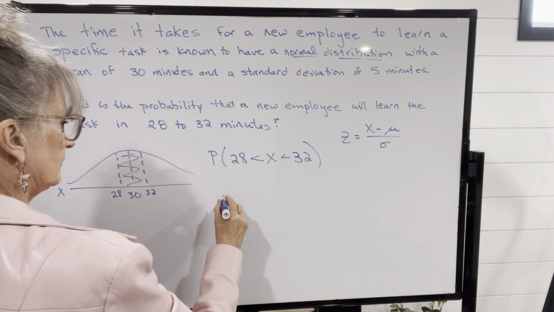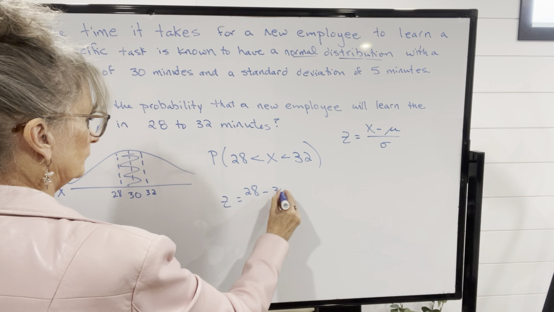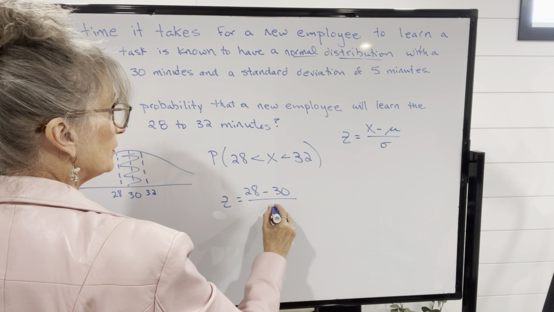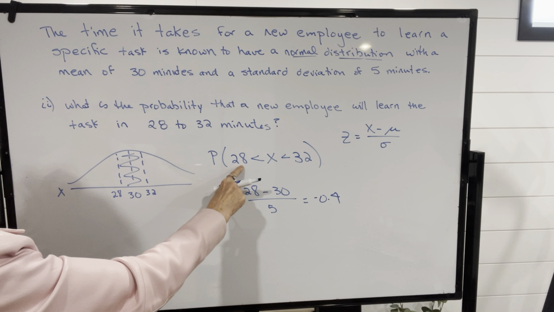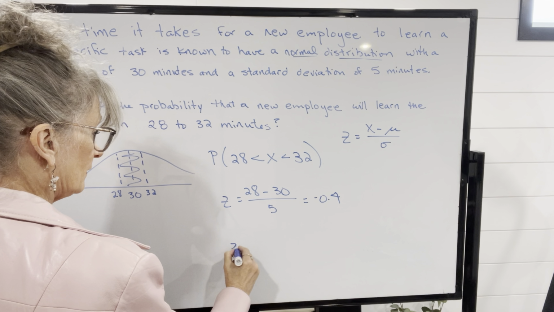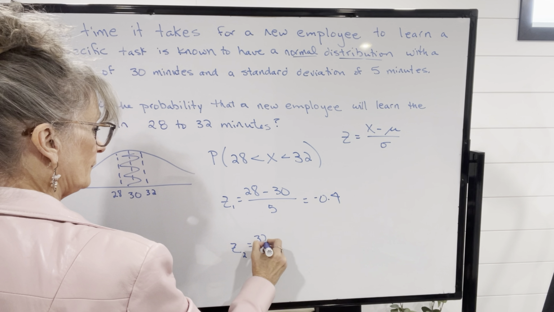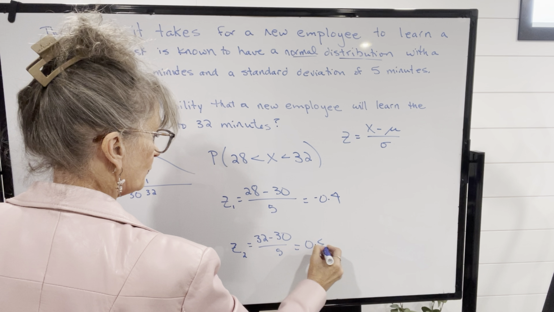Starting with 28. So x minus the mean divided by the standard deviation. So the z-score corresponding to 28 is negative 0.4. Z1, Z2 will be 32 minus 30 divided by 5, which will be positive 0.4.